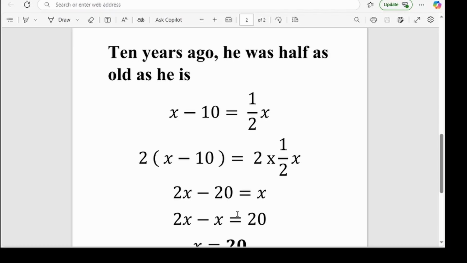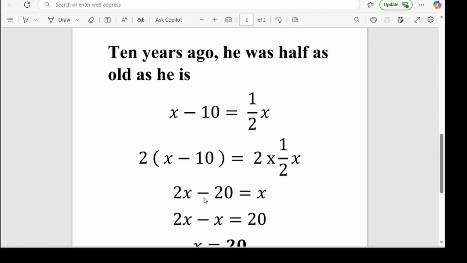So when you reach this stage, all you have to do is to group like terms. So like terms would be at one end and unlike terms will be at the other end. So 2x and x are like terms because there's twice x here and there's just one x here, so they are like terms.